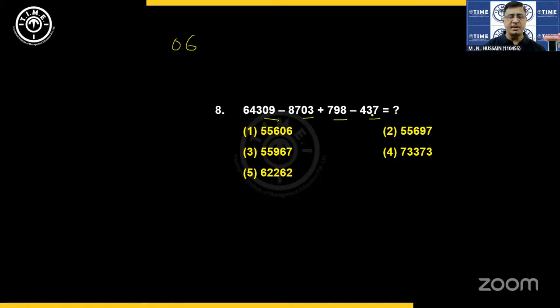What is the result here? 98 minus 37, that is 61. Now what are the last 2 digits? By adding these two, we get 67. Now in which option we have 67 as the last 2 digits? Option number 3. Third choice is the right answer.